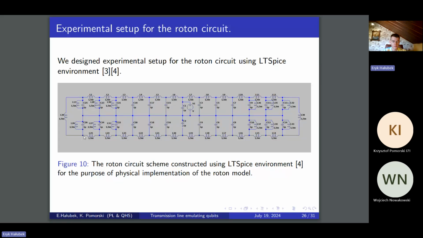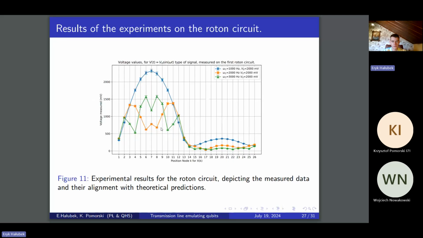So here's node number 14, 15, 16, 17. And we can see that this transition takes place here. So as we can see also for different frequencies, we have different states.